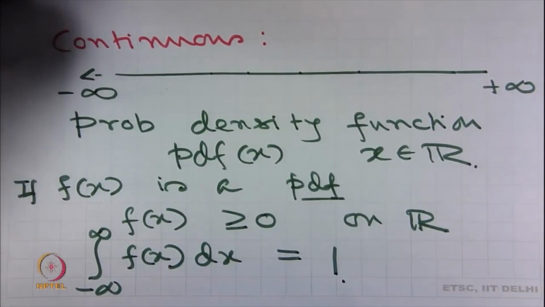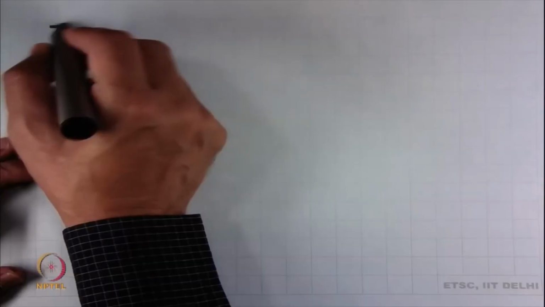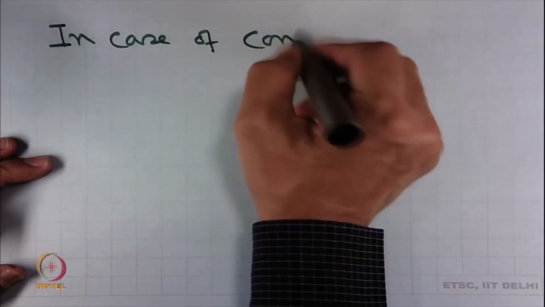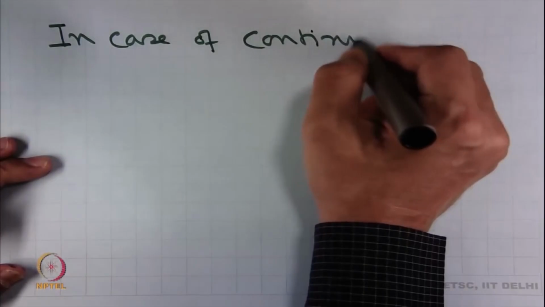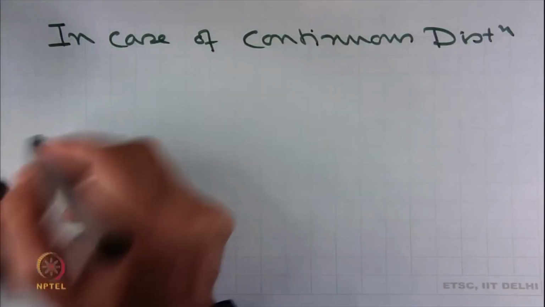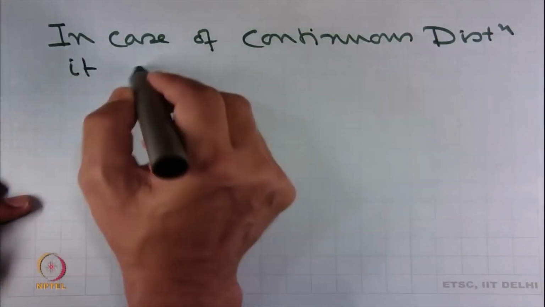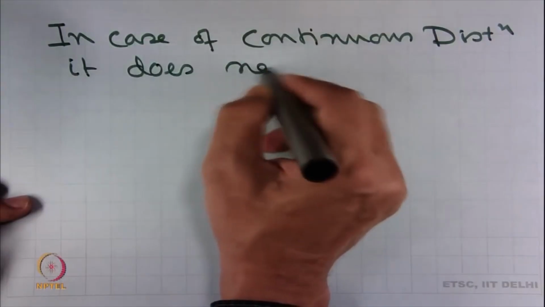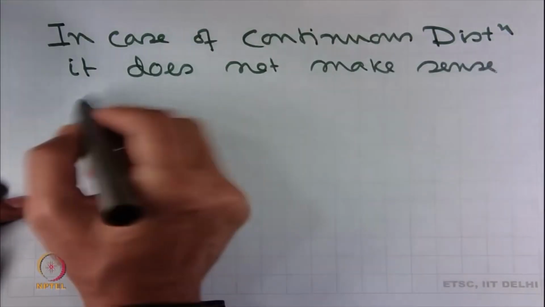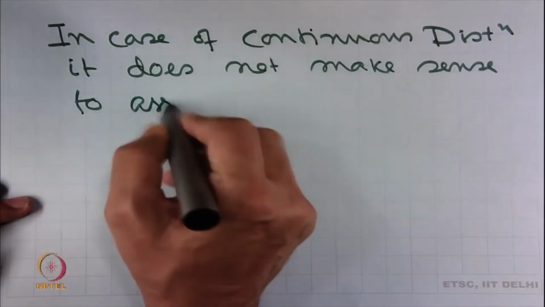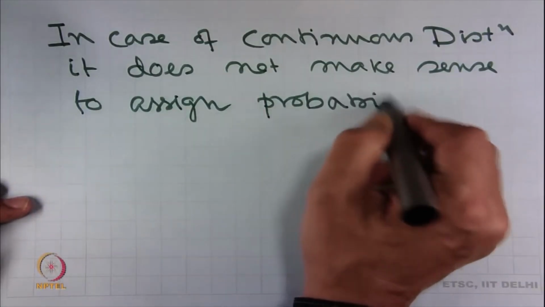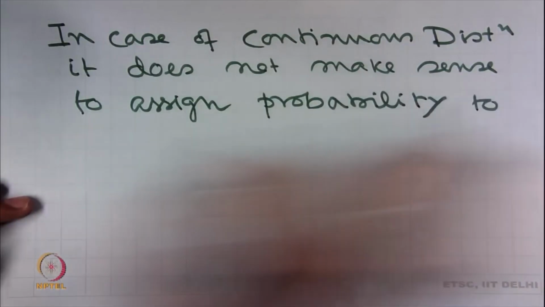As you know, in case of a continuous distribution, it does not make sense to assign probability to any x.